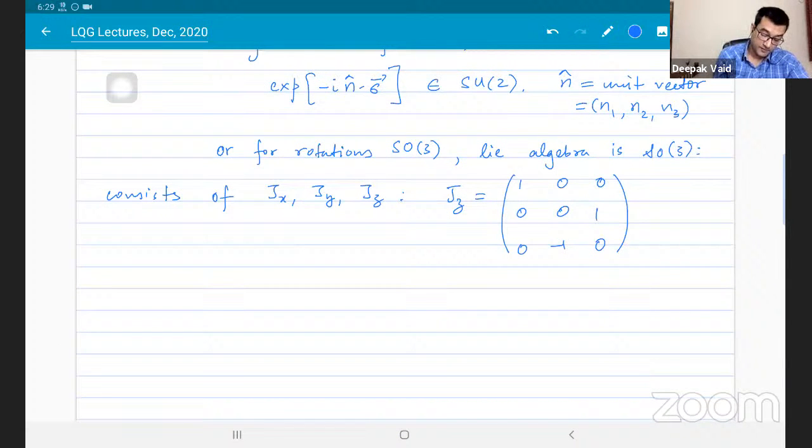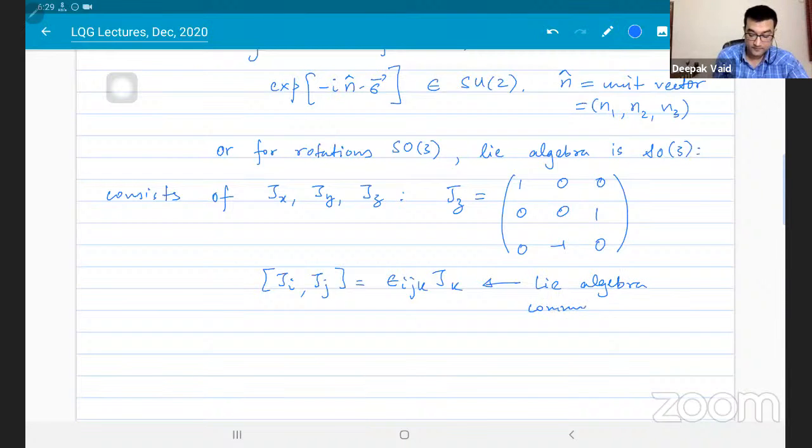These generators satisfy this commutation relationship, so this is the Lie algebra commutator.